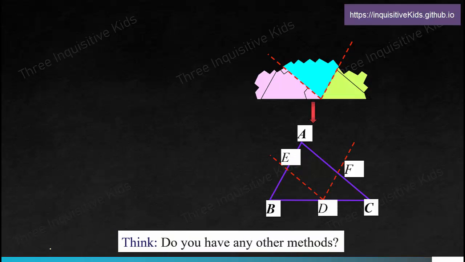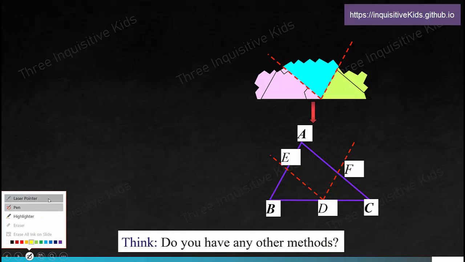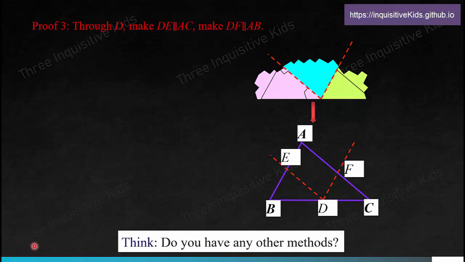Think, do you have any other methods? Proof 3. Through D, make DE parallel to AC.